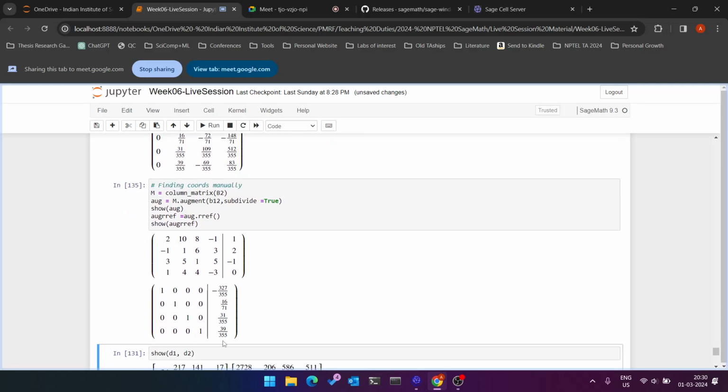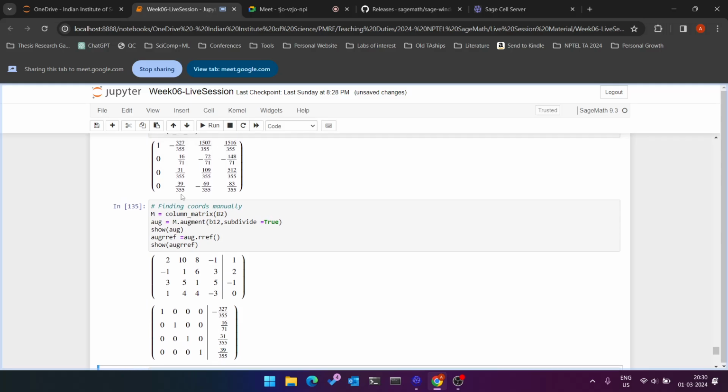So these four values are the same as this column here. If I do B13, it's the same as the third column above. If I do B14, it's the same as the fourth column up. Right, so these are the coordinates of basis B1 vectors with respect to basis B2.